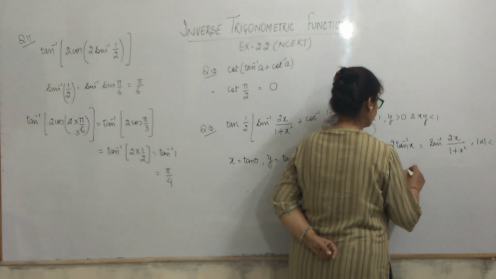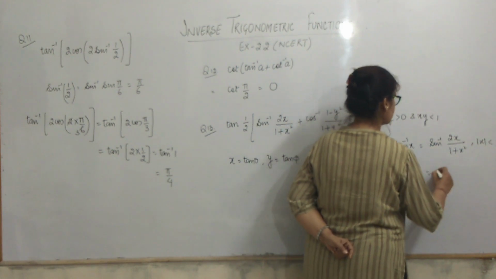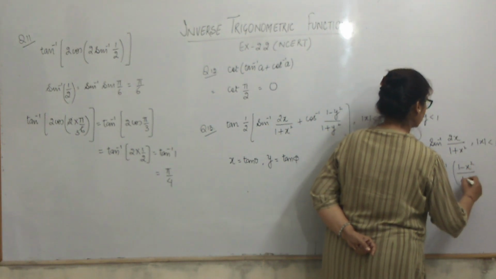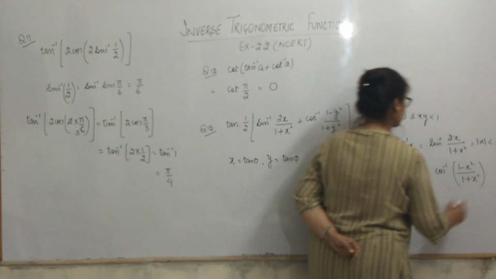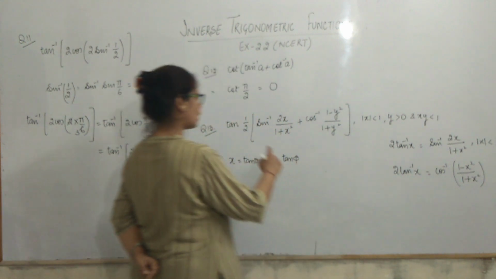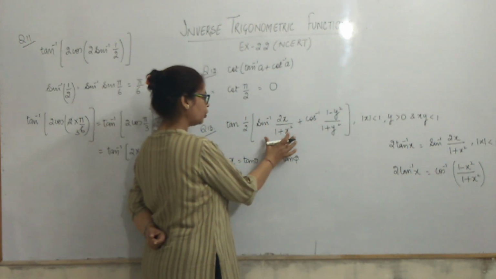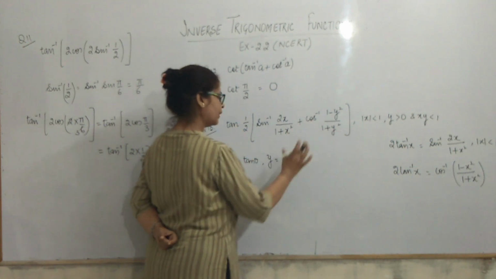Again, 2 tan inverse x is cos inverse 1 minus x square upon 1 plus x square. If you remember those formulas, we want to derive this in terms of tan.